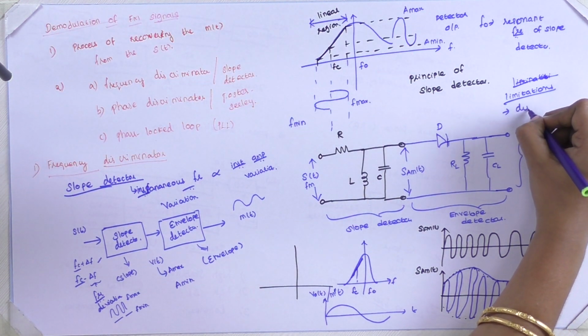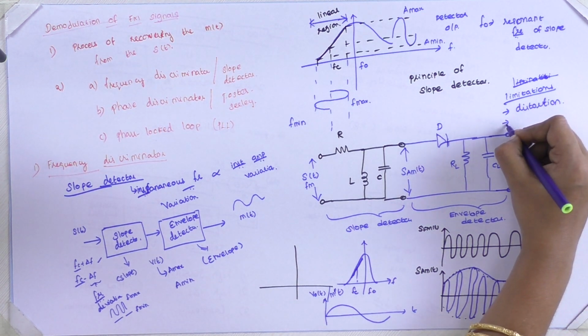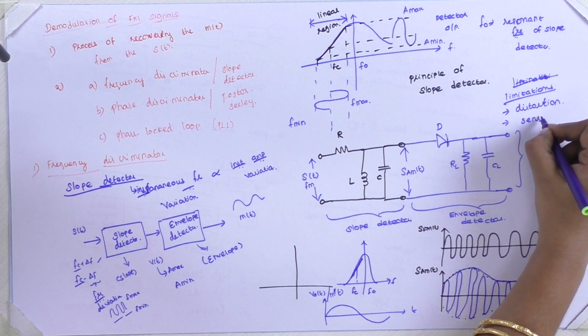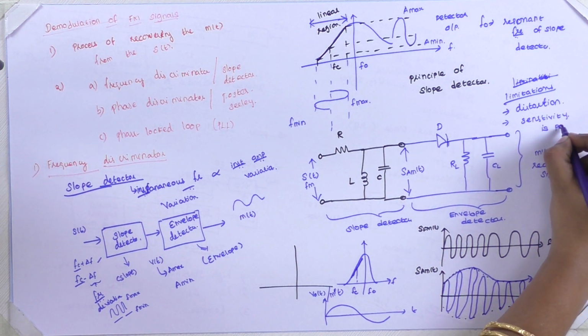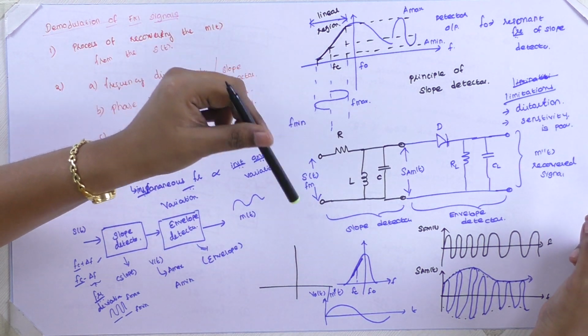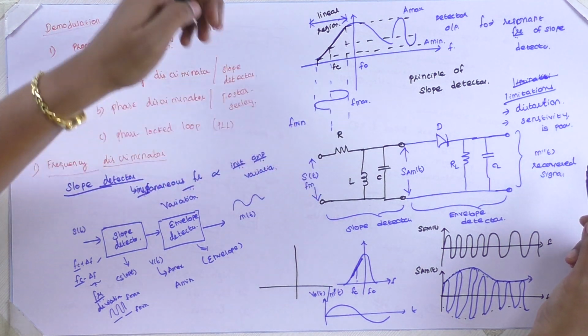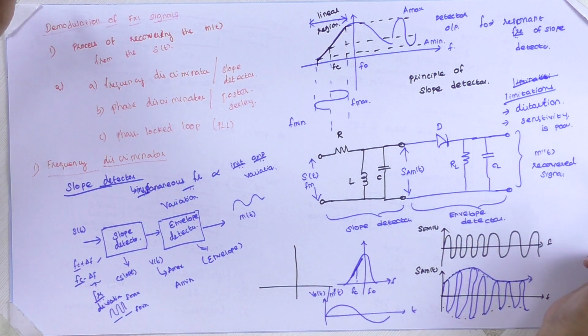Therefore, distortions will be present. And the second, sensitivity. How sensitive is the slope detector? In order to improve the sensitivity of the slope detector, instead of a single tuned circuit, we are going for a balanced discriminator.